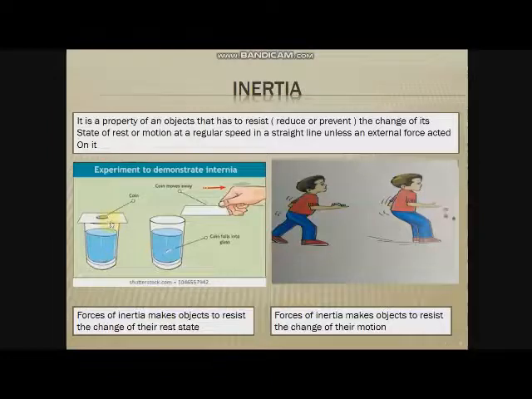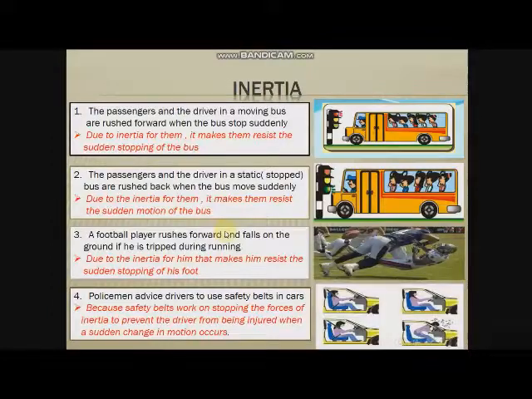When the object tries to keep the state or keep the direction of motion, this property is called inertia. So inertia means the property by which the body tries to resist the change in its state or resist changing the direction of motion.